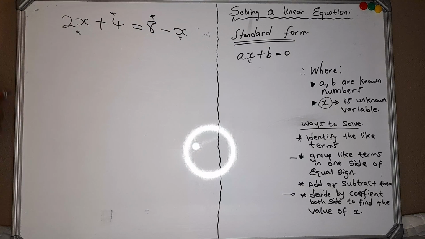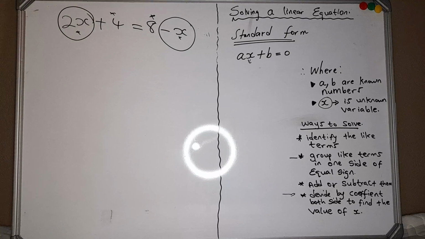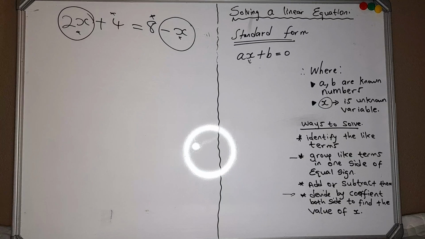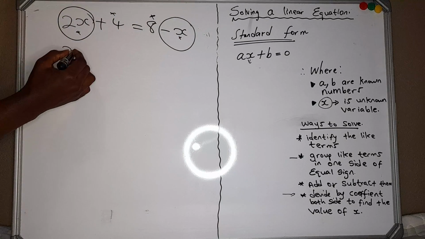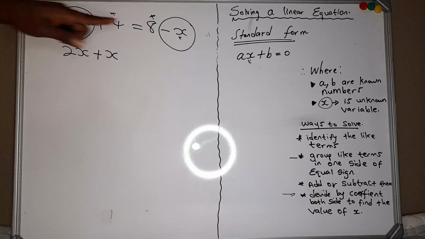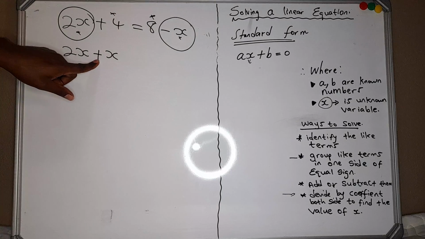To group them, this negative x and positive x are sharing the same characteristics, because the coefficient of x here is 1. So when you take x to that side, it becomes 2x plus x. Why? Because this x here is positive; when it jumps the side, it becomes positive.